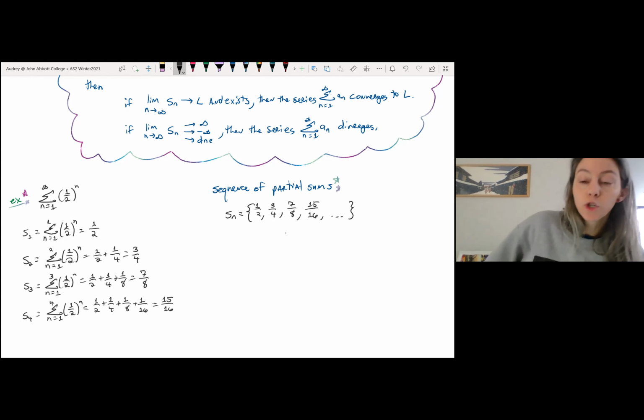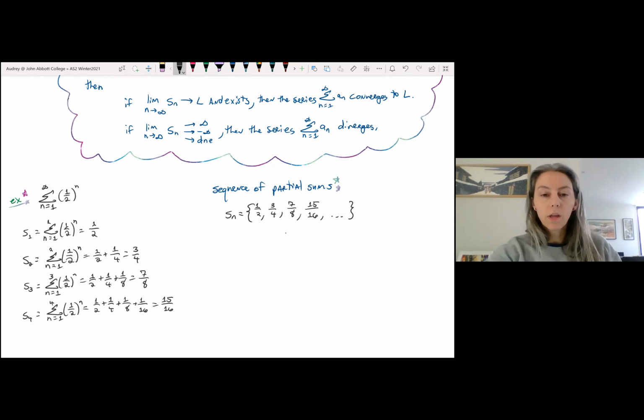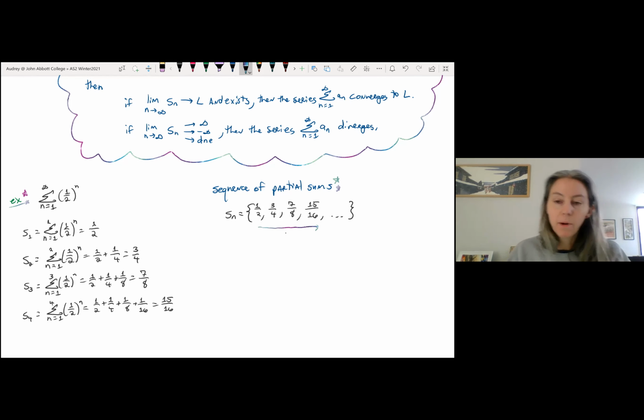So what should be happening is that these numbers should be getting closer and closer to 1. As I add another term, I'm getting closer and closer to 1. And we can see that this is actually happening here. As my partial sums move up, these numbers do indeed seem to be getting closer and closer to 1.